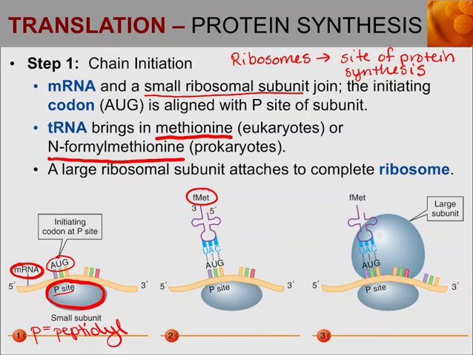So this is what really gets our protein started. Okay, so once we've started this whole process, then our larger ribosomal subunit is going to come in and attach to our mRNA and our small ribosomal unit. So basically, all of this has just signaled, hey, ribosome, we're ready to start. We're ready to make a protein. Okay, so chain initiation, we've started the process.